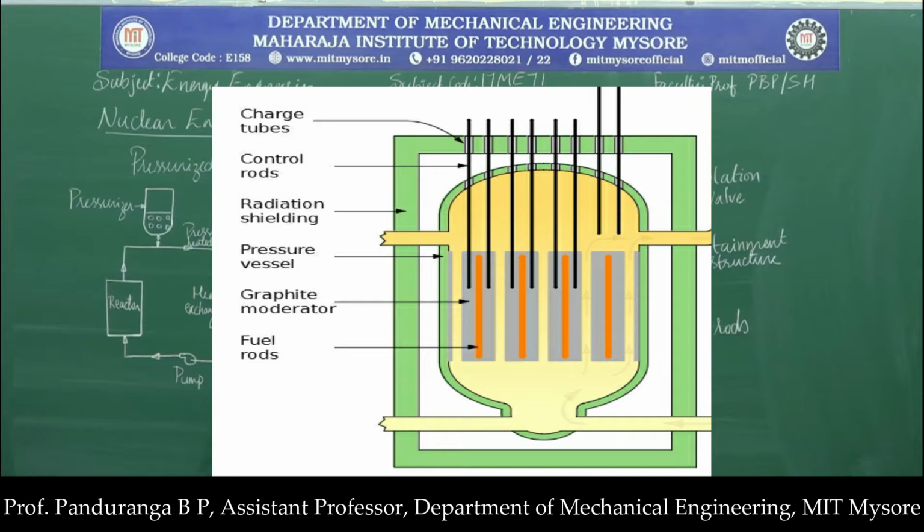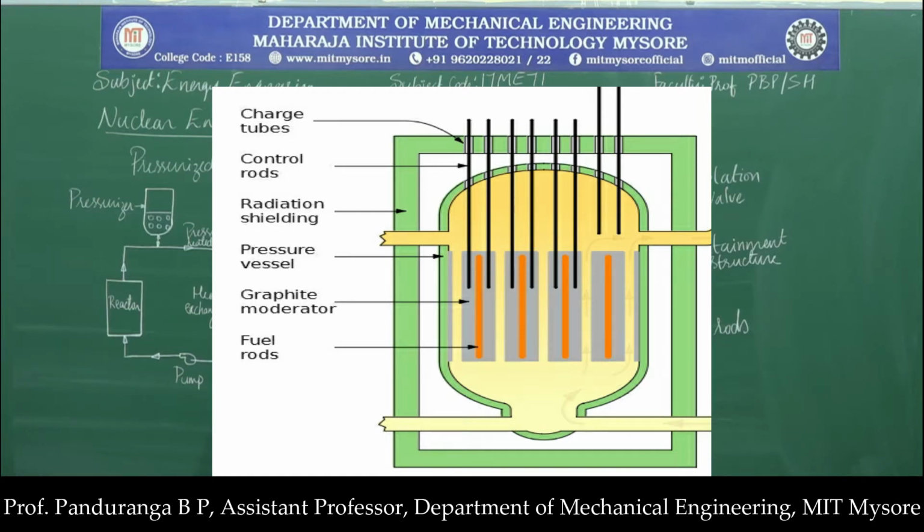And then we have the moderators. The neutrons released during a nuclear reaction or nuclear fission are moving at a very fast pace, so we need to reduce their speed. For that purpose, we have moderators.